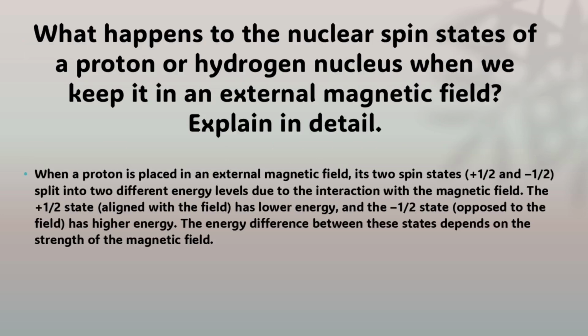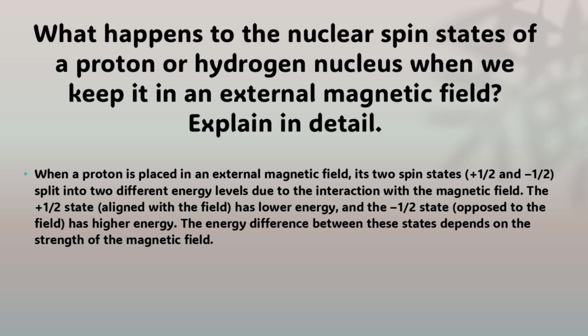The next question is question number 14. What happens to the nuclear spin states of a proton or hydrogen nucleus when we keep it in an external magnetic field? Explain in detail. The answer to this question is, when a proton is placed in an external magnetic field, its two spin states, +1/2 and -1/2, split into two different energy levels due to the interaction with the external magnetic field applied.